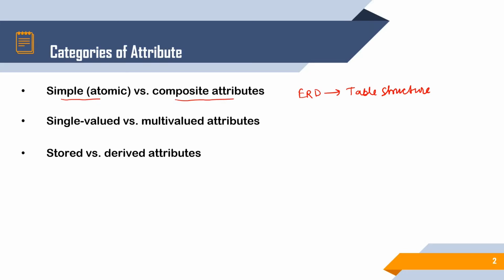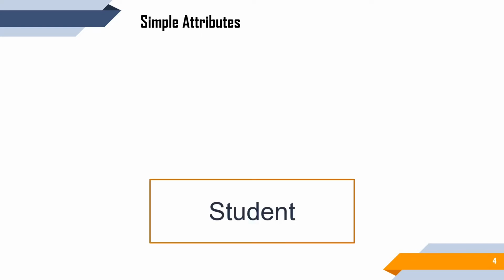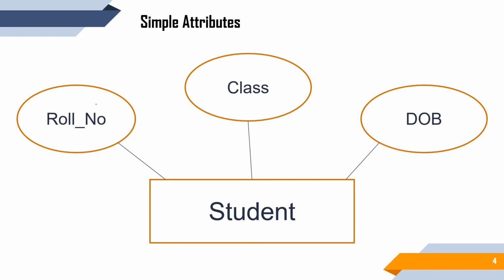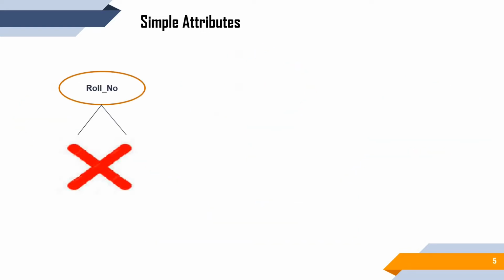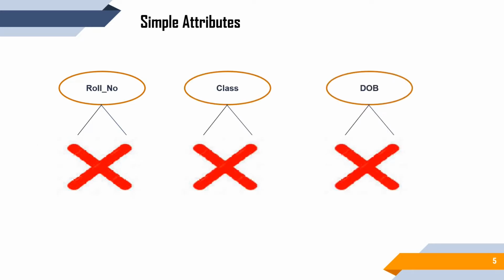So let's start. First, we will study simple versus composite attribute. I have taken the student example, and it consists of several attributes like roll number, class, date of birth. Now, these attributes cannot be broken down into meaningful subparts, so they are called simple attributes.